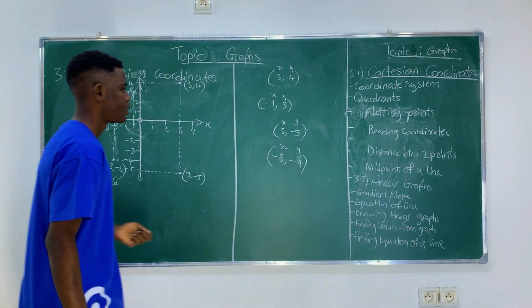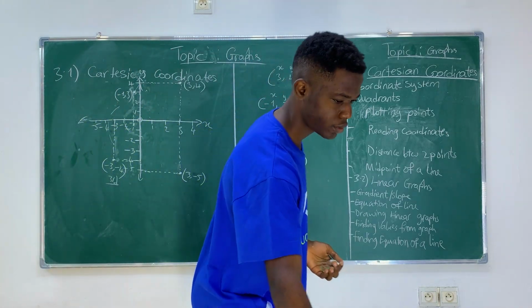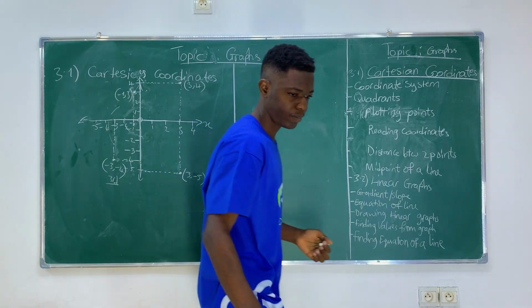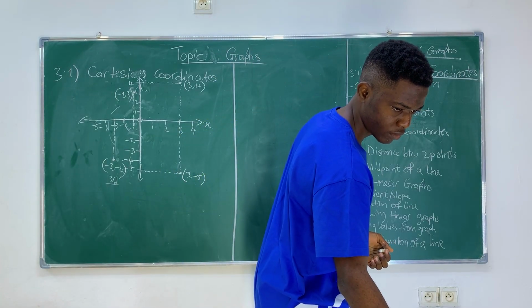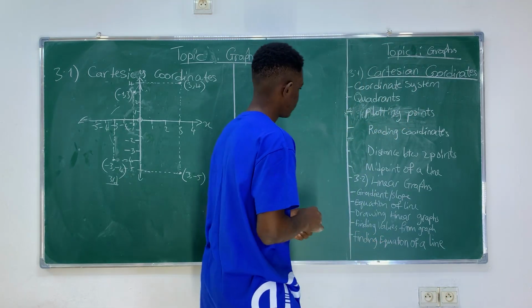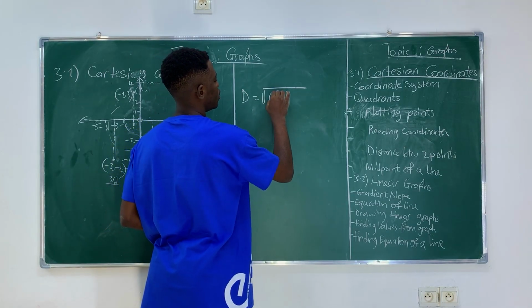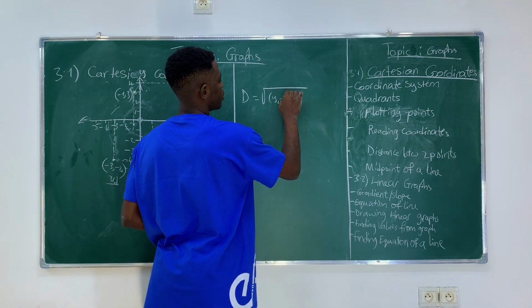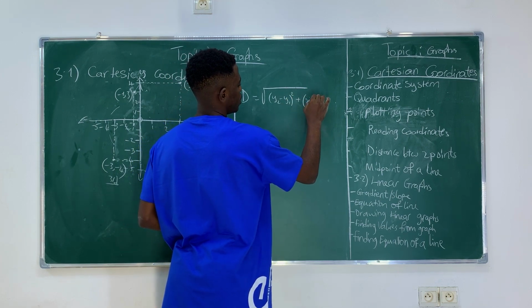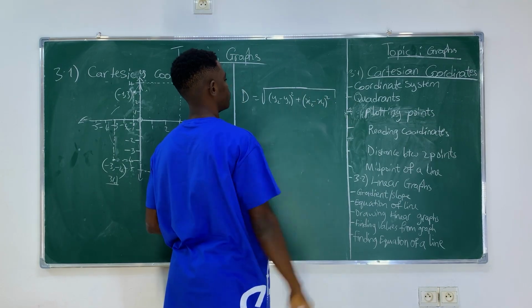And the formula is the distance equals the square root of y2 minus y1 squared plus x2 minus x1 squared.